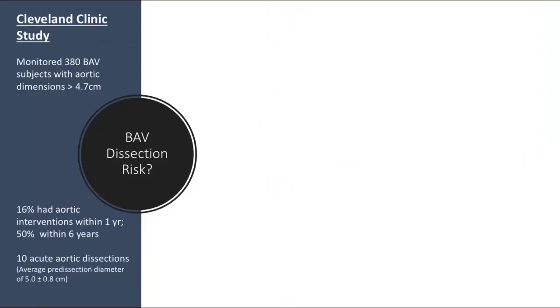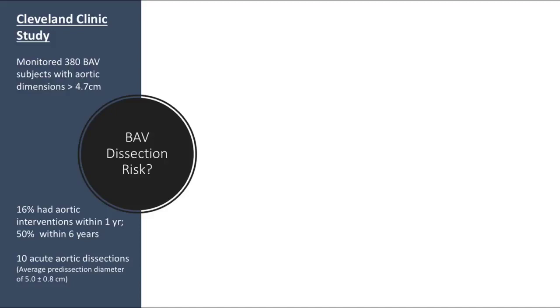Not everyone was happy with this change in guidelines, and particularly a group of surgeons at the Cleveland Clinic thought that this was not the right thing to do, and they decided to look at their own study. They published this shortly after the guideline changes. They took their BAV population and isolated those patients with a large aorta.